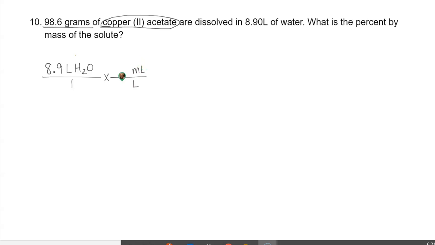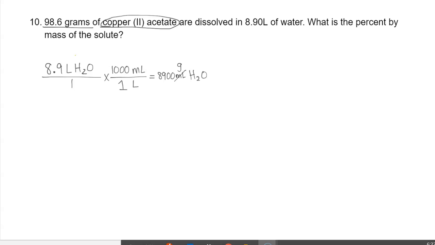So we'll take this liters and we'll convert it to milliliters by multiplying by 1,000, and that gives us 8,900 milliliters of water. And we know this to be the same thing as saying 8,900 grams of water. So now we have grams of copper 2 acetate and grams of water, so we can go ahead and figure out our percent by mass of our copper 2 acetate, our solute.